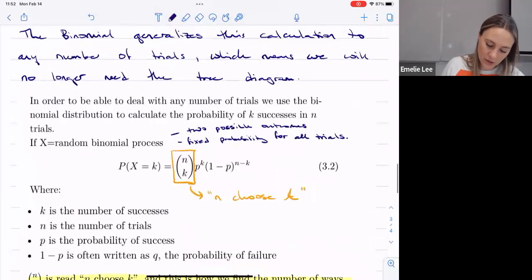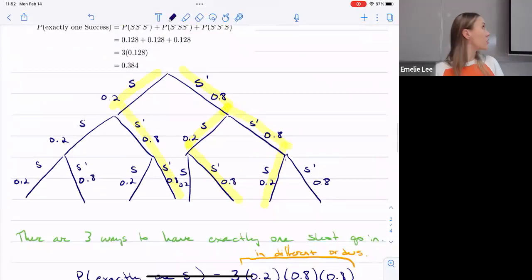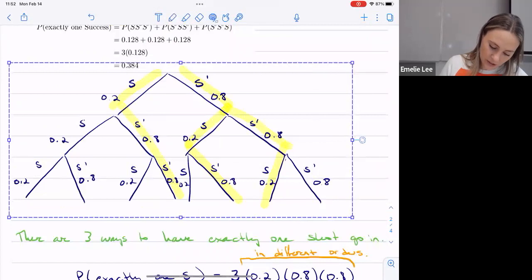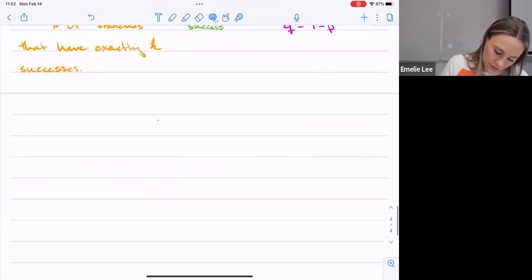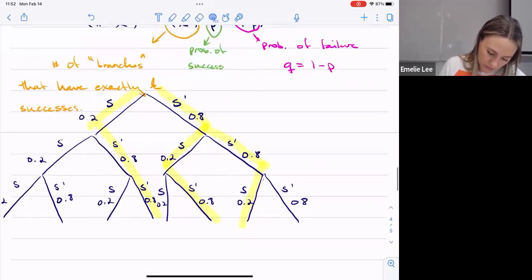It's just because we only had 3 trials. If we go back to our 3 trials and our tree diagram, maybe let me copy this so I don't have to scroll back and forth so much.